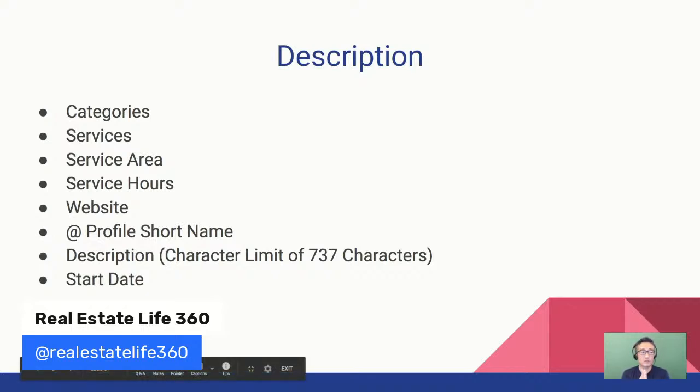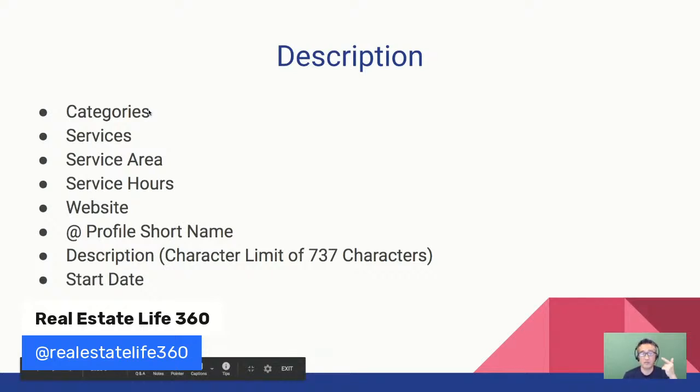So for those that just joined, we're talking about how to set up Google My Business, and going into the second part, which is going into descriptions. There's a lot of things that you can describe about your company, but most importantly, I put in here most of the items, not everything, but I think it's necessary for most professionals, especially agents and investors, is putting your categories.